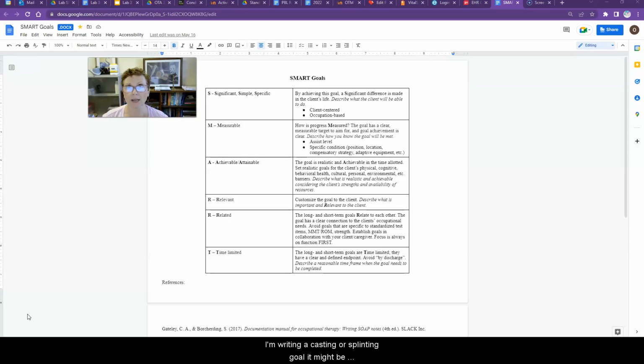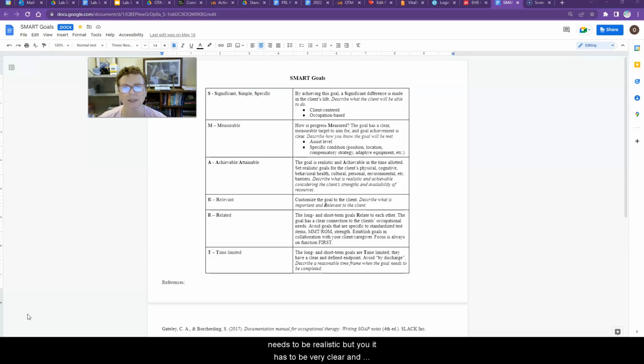If I'm writing a casting or splinting goal, it might be appropriate to use goniometrics, but I need to be specific. I want her to increase her wrist extension while wearing the splint by 5 degrees within 2 days, because she's wearing the splint or the cast for that amount of time.